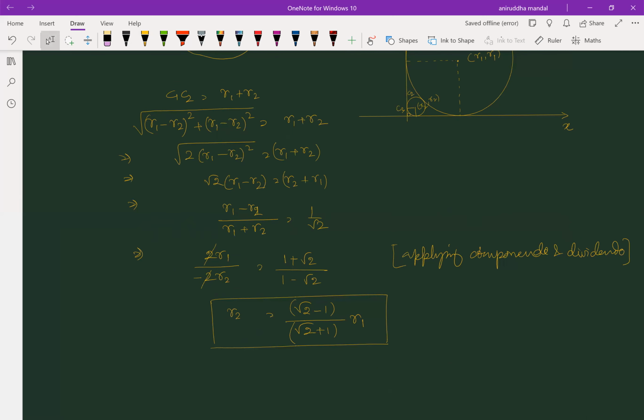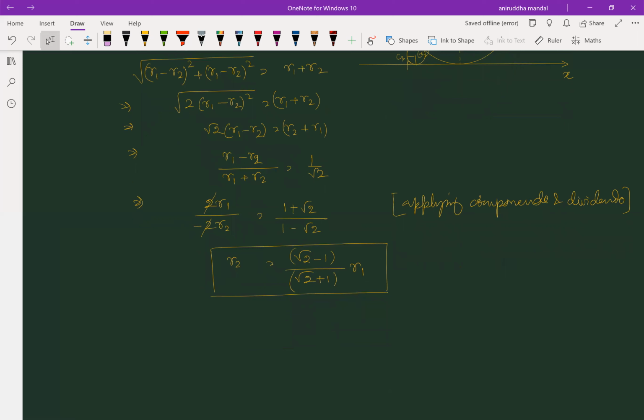Now if we do the same for the circles C2 and C3, a similar expression we will get. R3 can be written as (root 2 minus 1) divided by (root 2 plus 1) of R2. Now if we substitute in terms of R1, we get this.